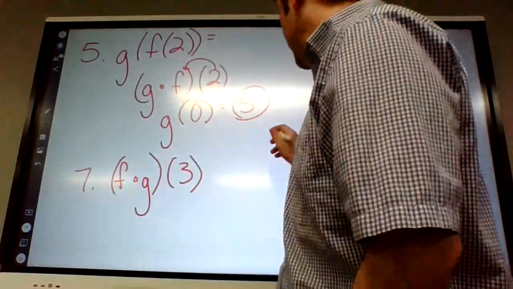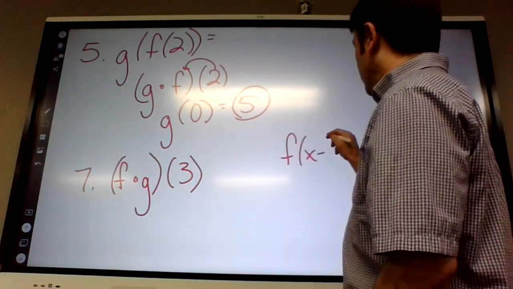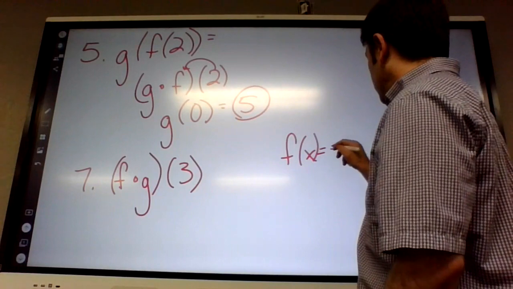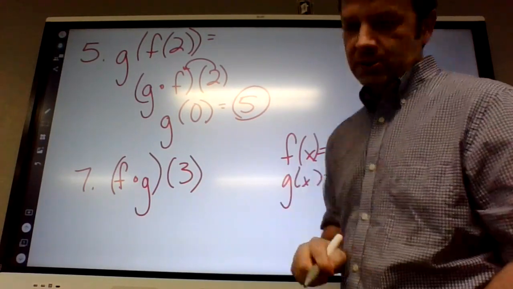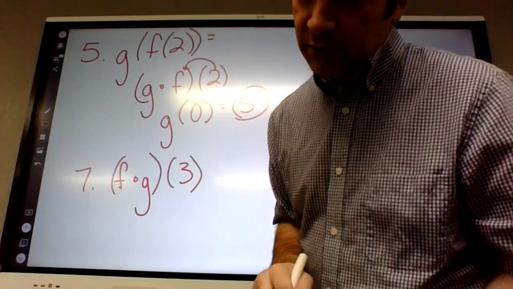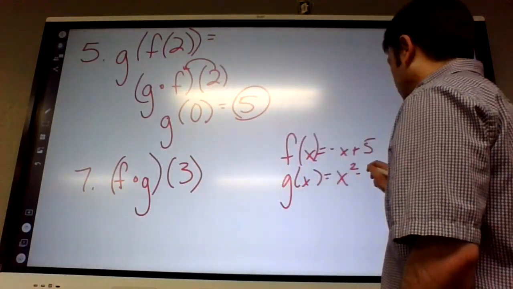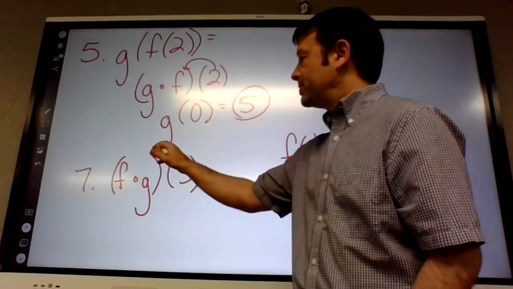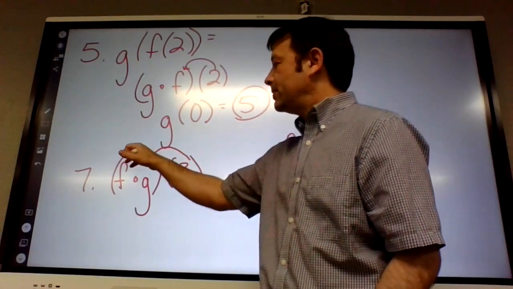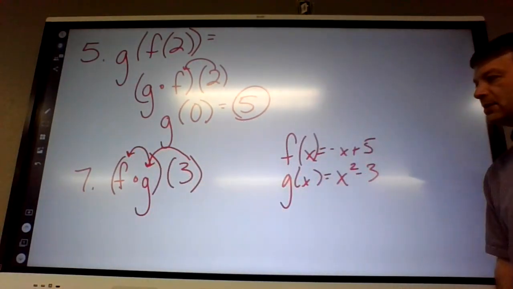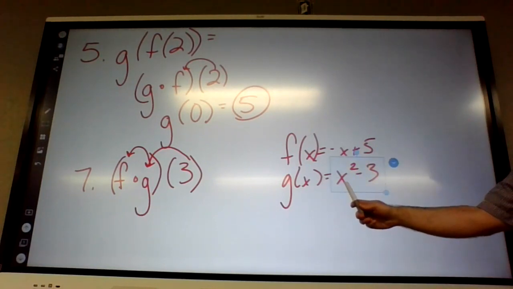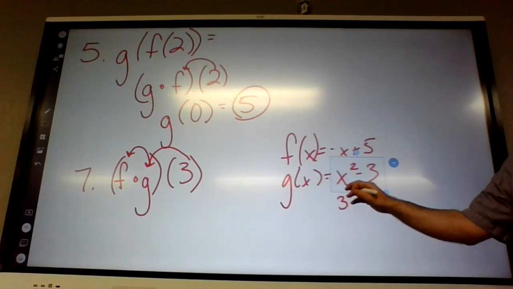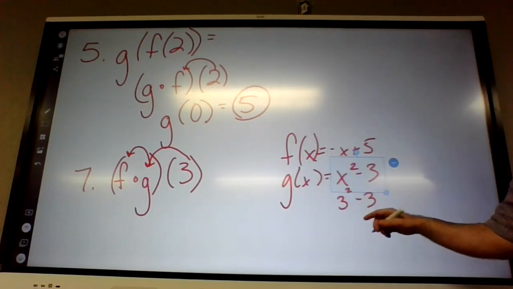So f of x is negative x plus 5, and g of x is x squared minus 3. So this means put this in there, and whatever comes out, put that in there. So what is g of 3? 3 squared minus 3. 6.